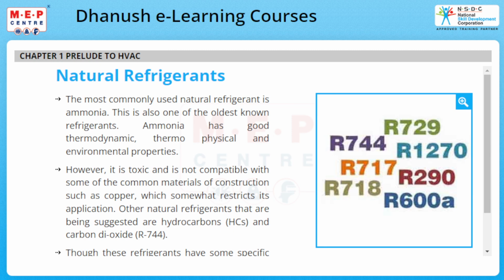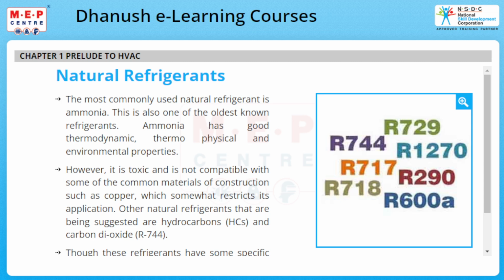The most commonly used natural refrigerant is ammonia. This is also one of the oldest known refrigerants. Ammonia has good thermodynamic, thermophysical, and environmental properties. However, it is toxic and is not compatible with some of the common materials of construction such as copper, which somewhat restricts its application.